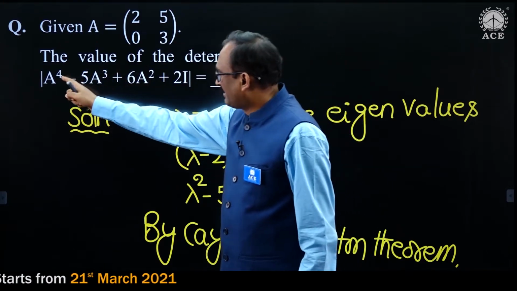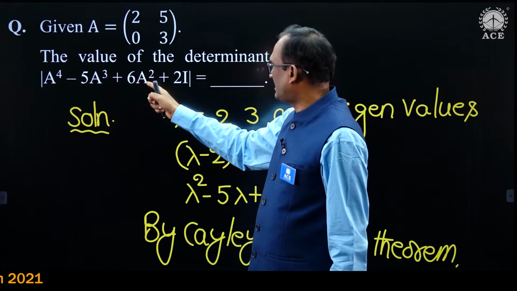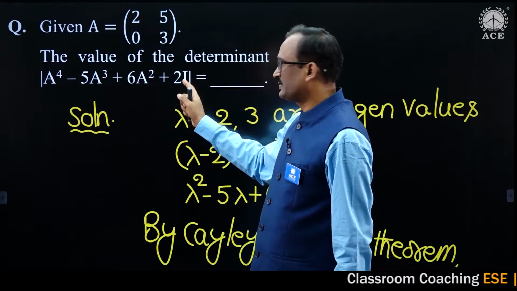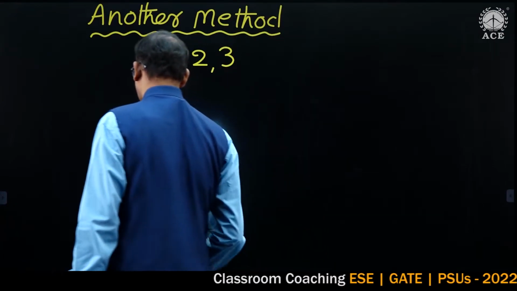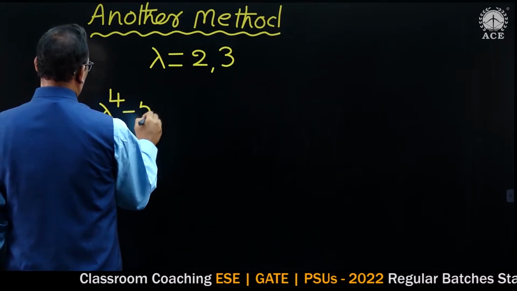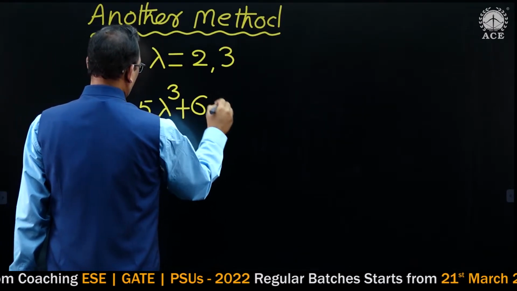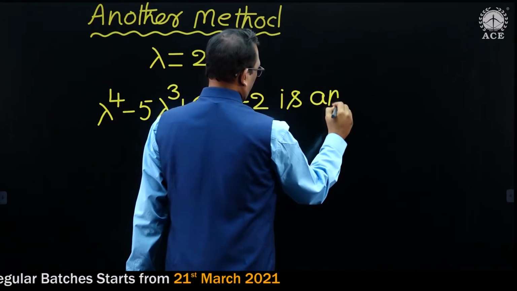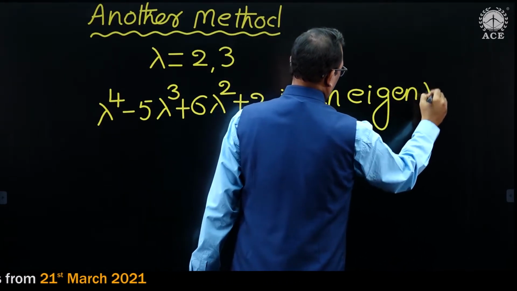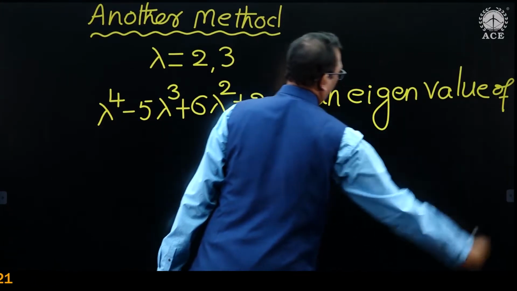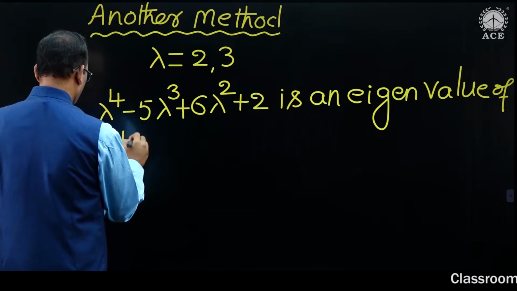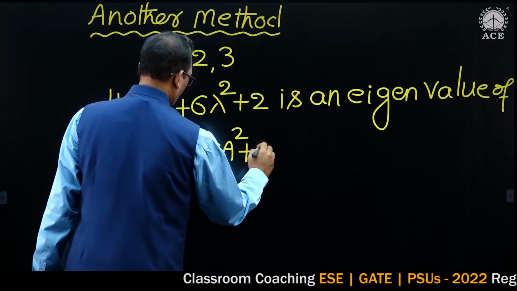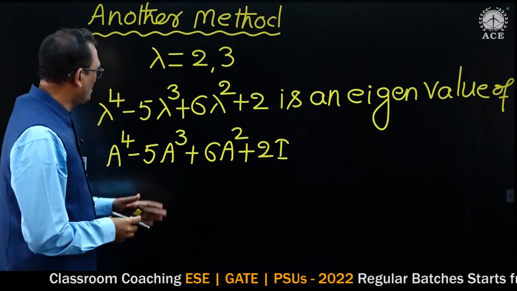So ultimately, lambda power 4 minus 5 lambda cube plus 6 lambda square plus 2 is an eigenvalue of the corresponding matrix A power 4 minus 5A cube plus 6A square plus 2I. Now let us substitute lambda is equal to 2 here.